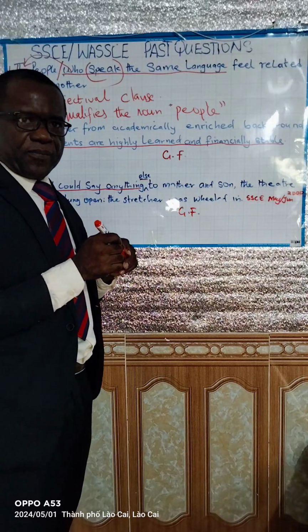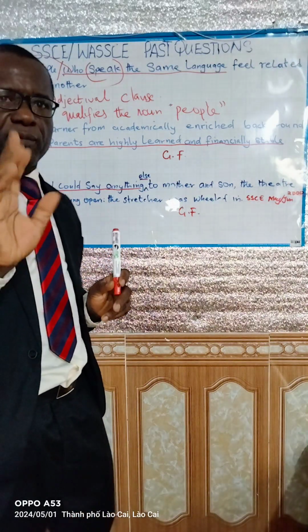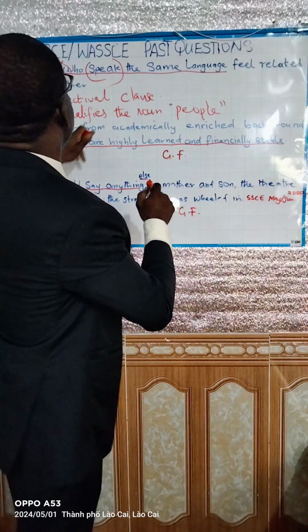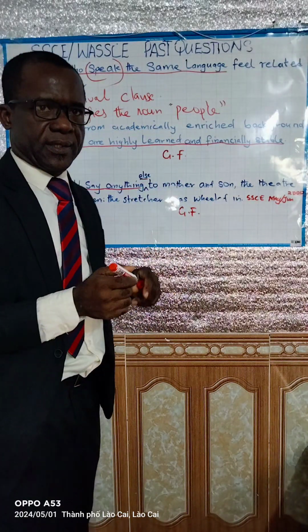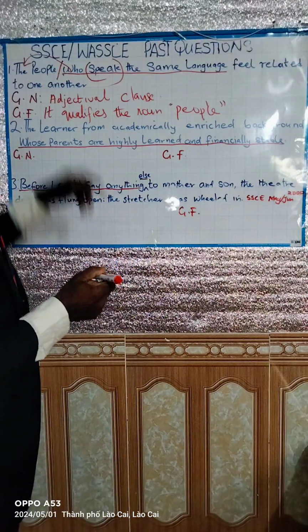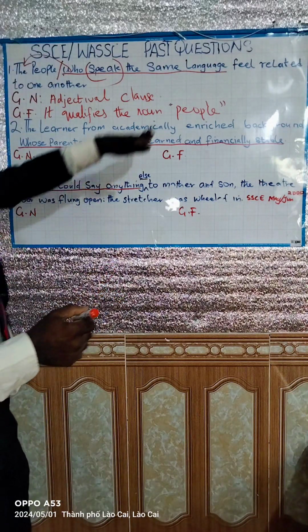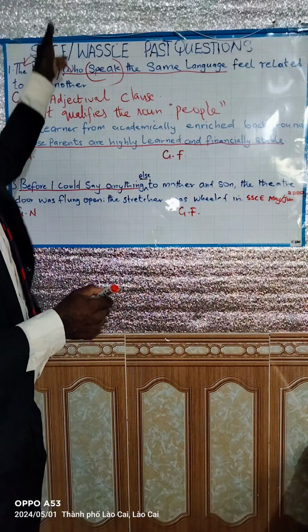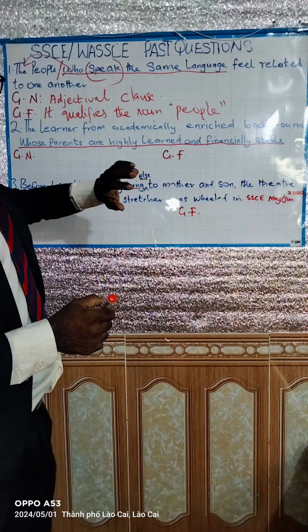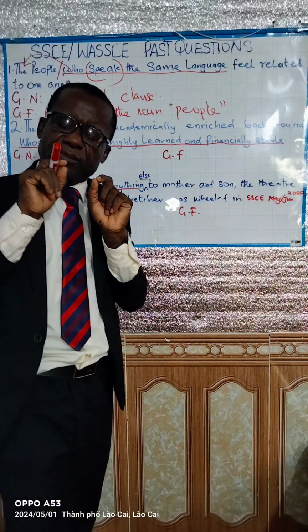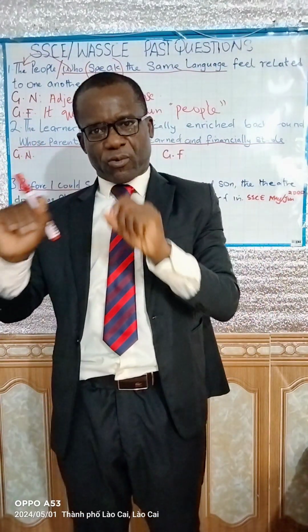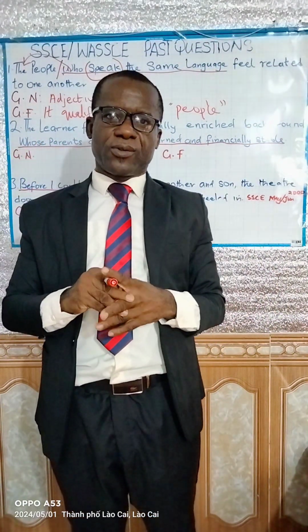So if the question is from NECO, you say it qualifies the noun phrase, the man, because the noun phrase, the man is there. But for WAEC, I can say it qualifies the noun people. So these are some differences between how WAEC wants to answer their questions and how they want to answer other questions.